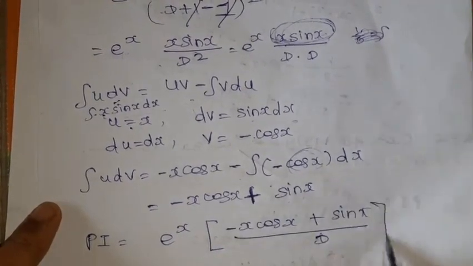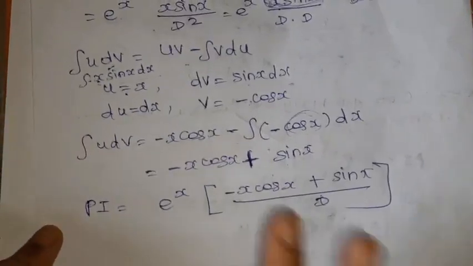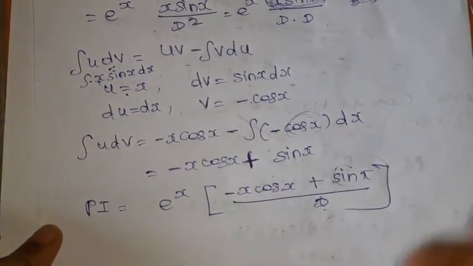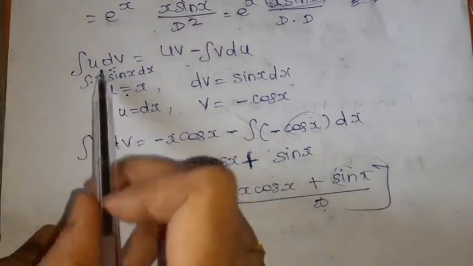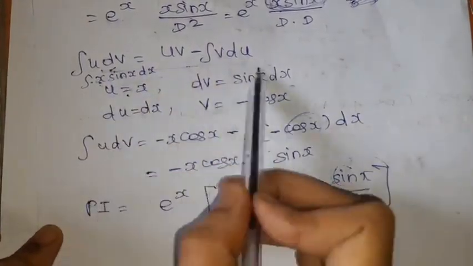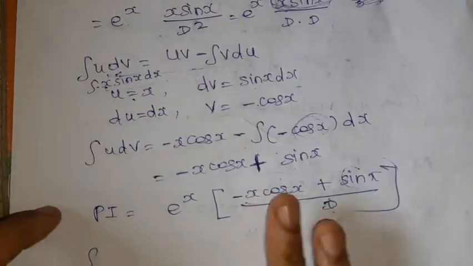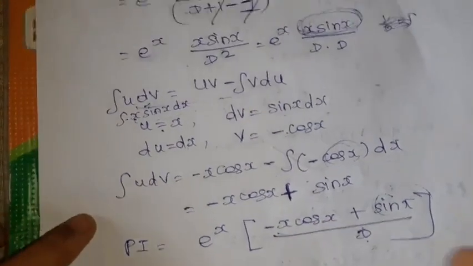We need to integrate this part one more time. Integrating sin x is a simple one, it is in addition. So we need to integrate minus x cos x. For minus x cos x, we should follow the above procedure, the uv minus integral v du format.